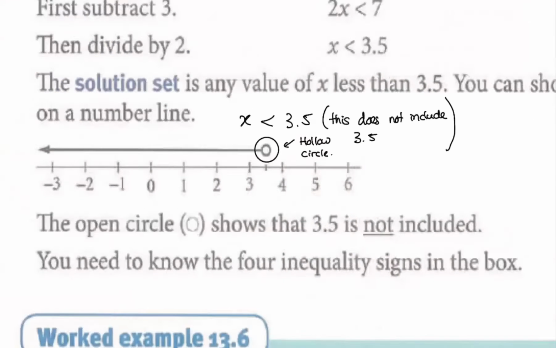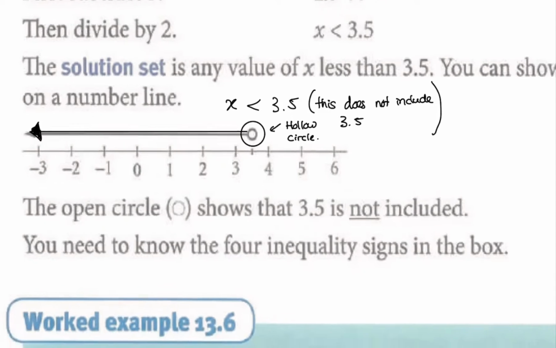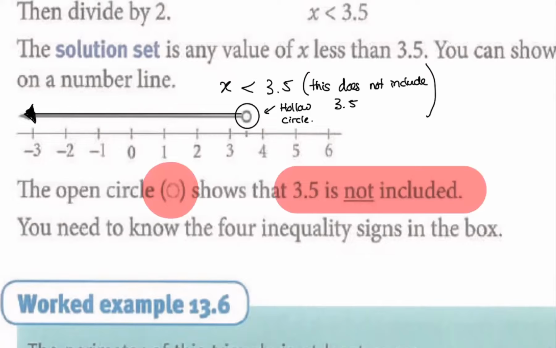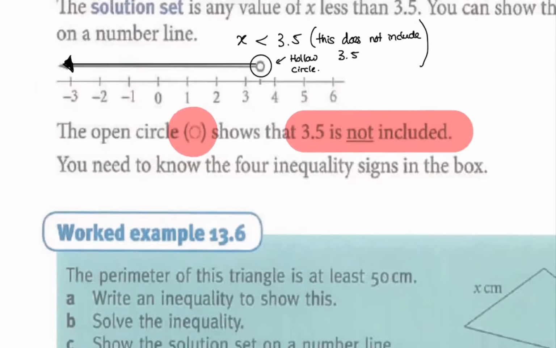The range is less than, so it goes to the left-hand side. Then you just draw an arrow. This is the range of values that will make the inequality correct, going on to infinity. The open or hollow circle shows that 3.5 is not included. If it is included, then it is a solid circle.